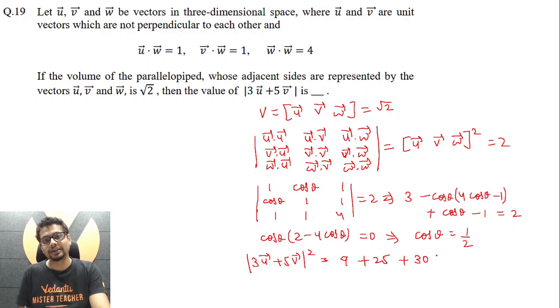U vector dot V vector would be cos theta. Why? Because U vector and V vector both are unit vectors and the angle between them we have taken as theta. So this is what we get. So 15 plus 25, you get 40 plus 9, 49. And what we want is not the square, but the value of mod of 3U vector plus 5V vector. So it becomes 7, and 7 is the answer.